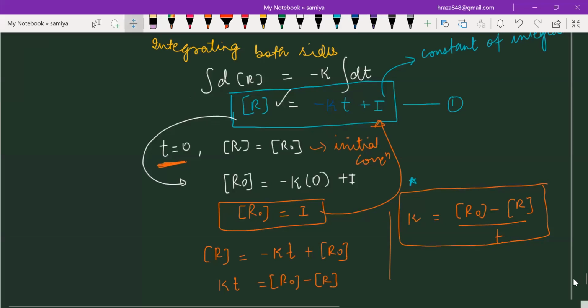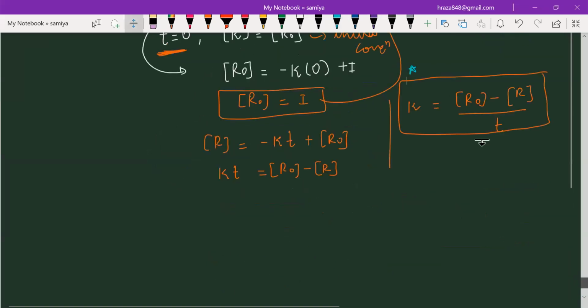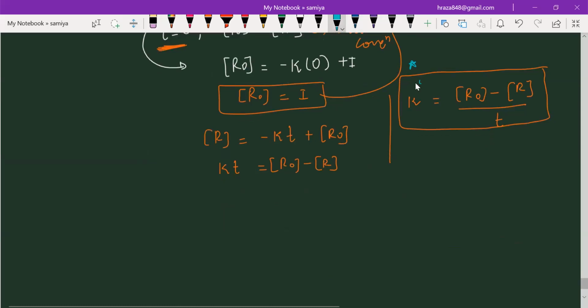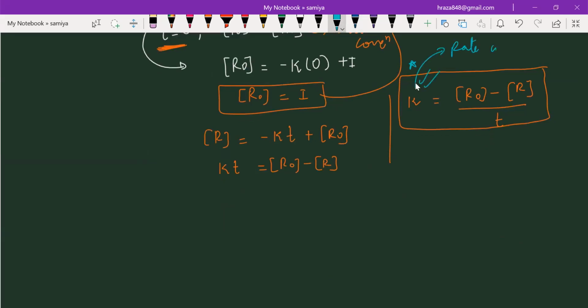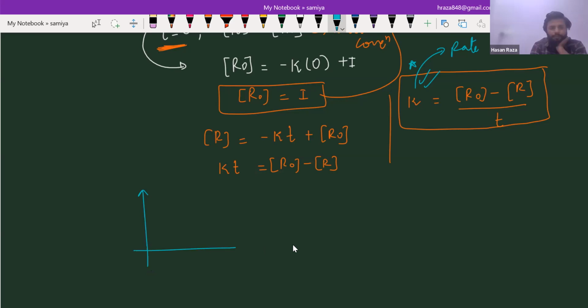So basically, this is the formula of rate constant. k is basically the rate constant for zero order reaction. Now, if you want to plot a graph between time and concentration, what will be the graph? See, what is on the y-axis?